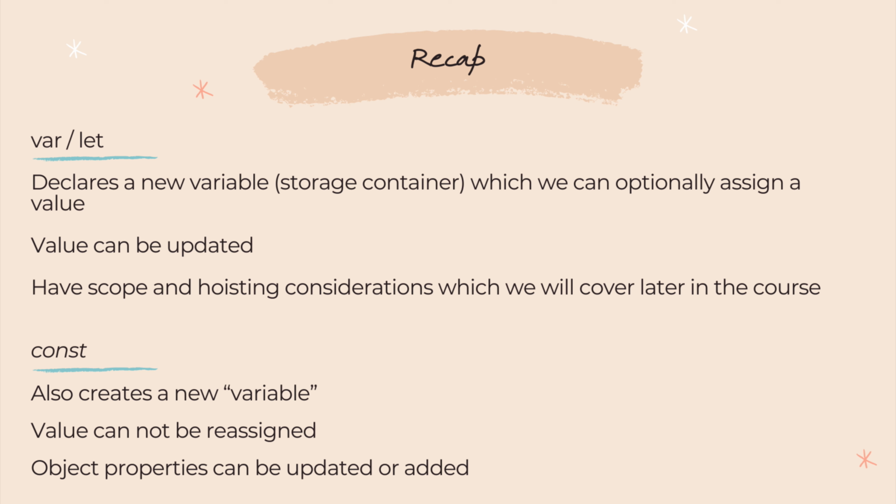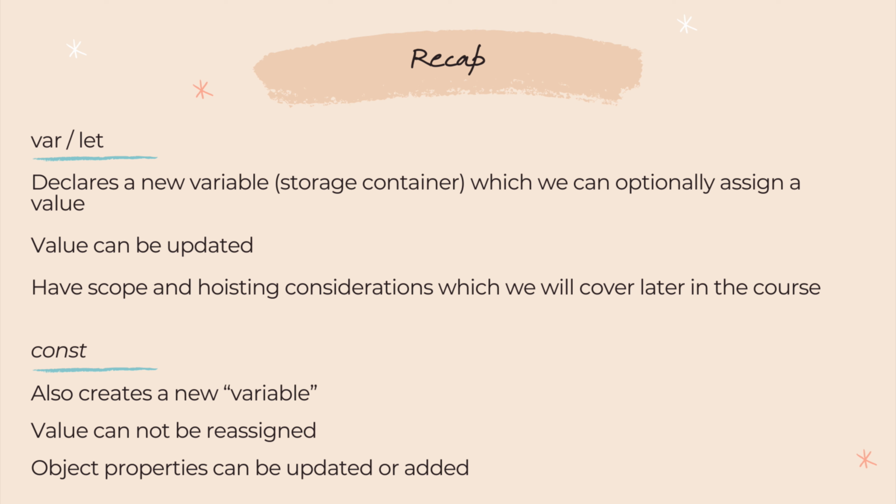So just to recap with everything we've learned in this video, we have three different keywords called var, let, and const, which all allow us to declare a new variable, which is kind of like a storage container for our data. When using the var and the let keywords, we can optionally assign a value to these names. The values inside can also be updated or reassigned with a new value.